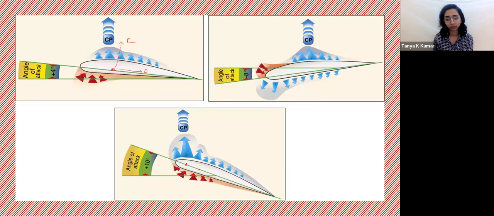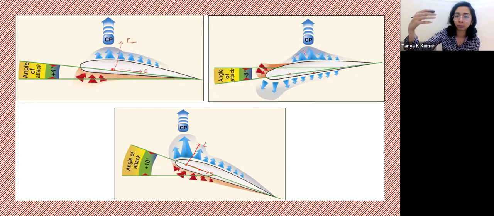Now your lift force is represented at this point, and drag. And when the angle of attack is reduced, when it goes to -8, your original CP was somewhere here, and now it has gone here because you can see that the pressure distribution has moved towards the trailing edge. Keep in mind that this pressure distribution, though it shows an upward arrow, is negative, which is why the flow accelerates.